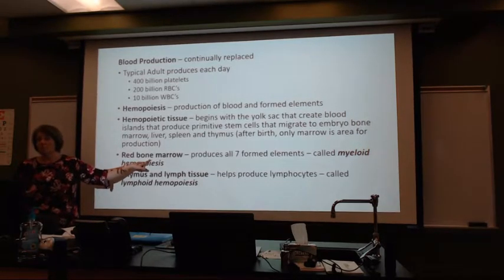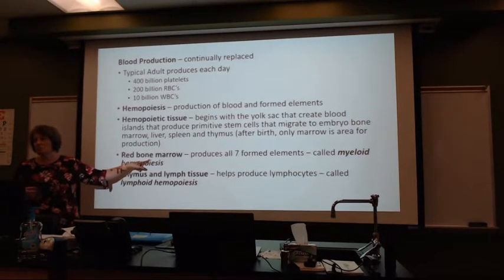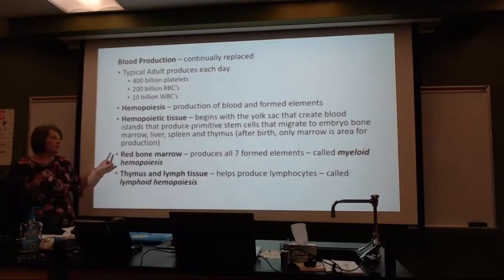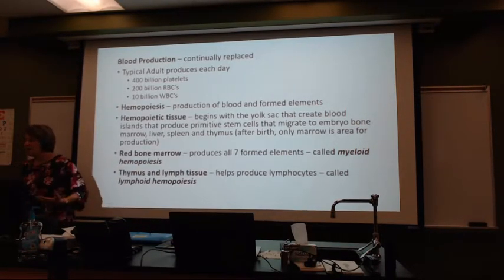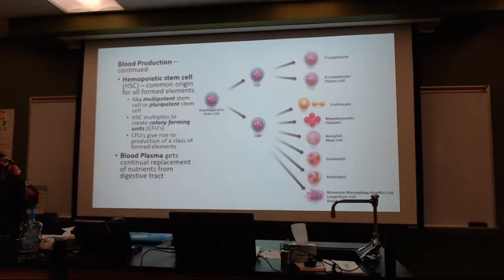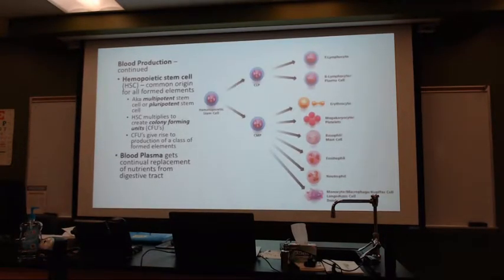When children are born, until almost the time they stop growing, it is red bone marrow. Once we're an adult, there are only certain areas of the body that are going to be the red bone marrow.